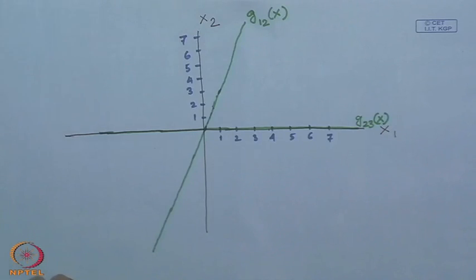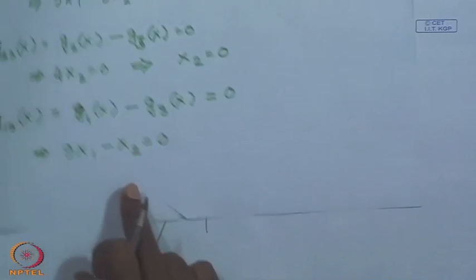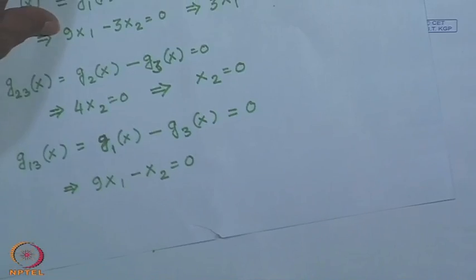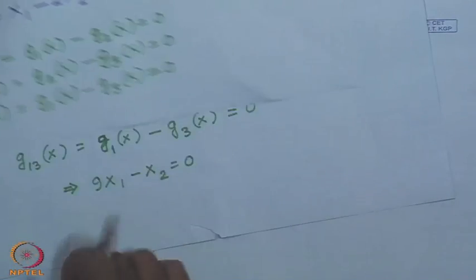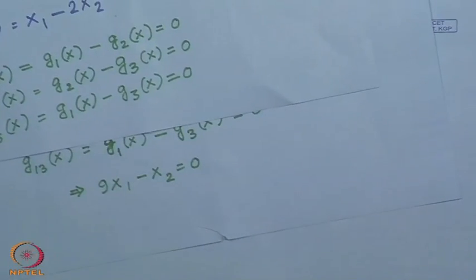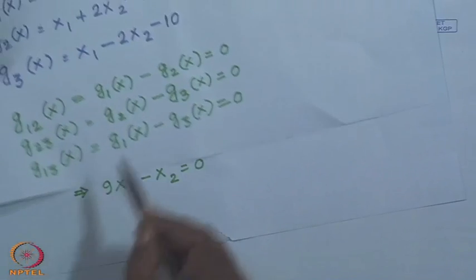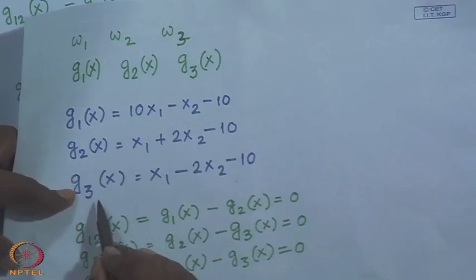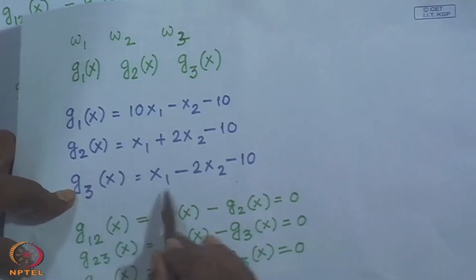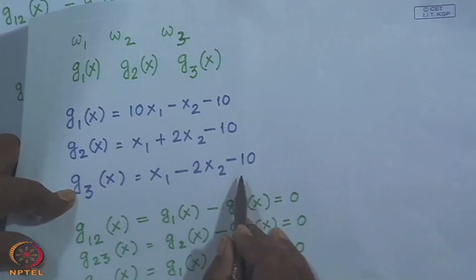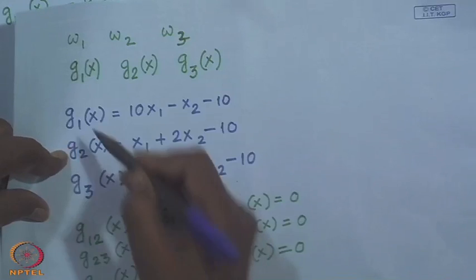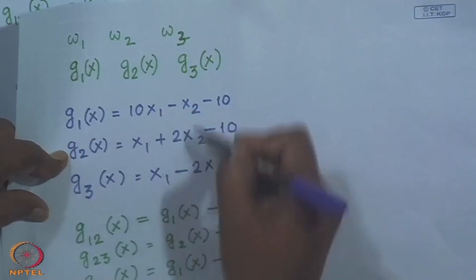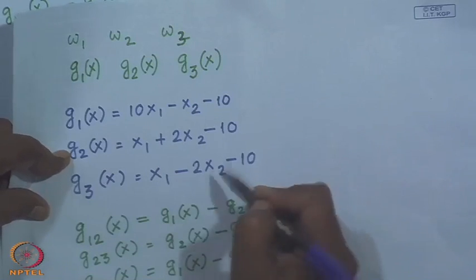And coming to the next one, sorry, here I have made a mistake. My discriminating functions G1(x) was 10x1 minus x2 minus 10, G3(x) was x1 minus 2x2 minus 10. So, G13(x), which is G1(x) minus G3(x), will be 9x1 plus x2, which is equal to 0.